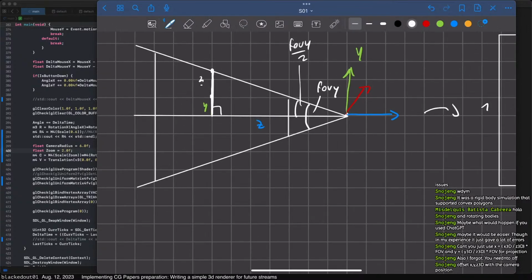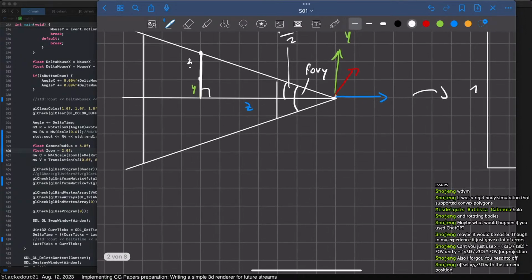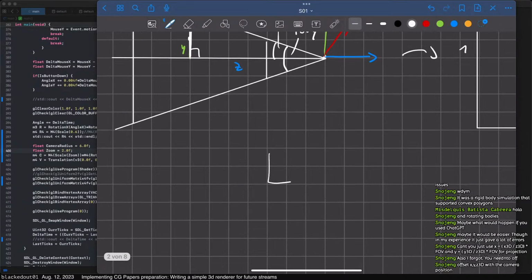I don't know how you remember trigonometry, but I will always remember this like here. So if this is our triangle, we have the hypotenuse, the adjacent side, and now this would be the opposite side.